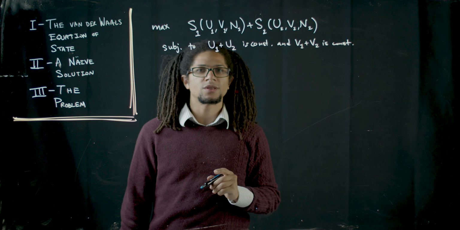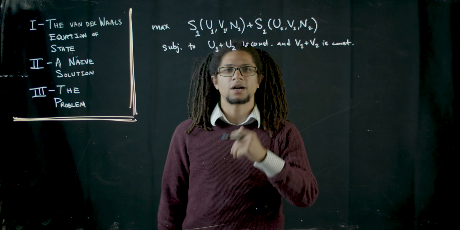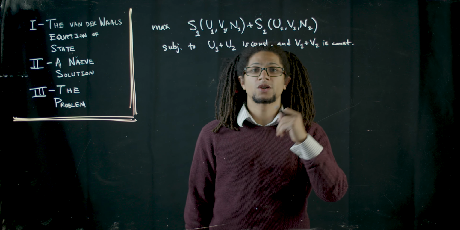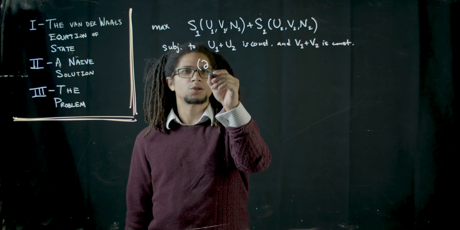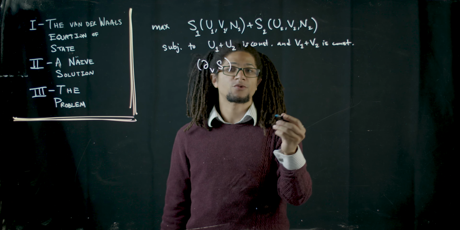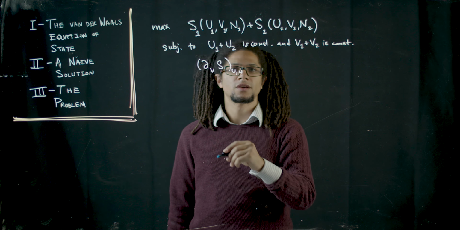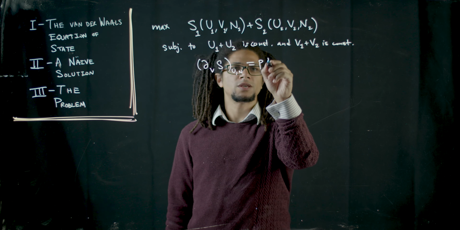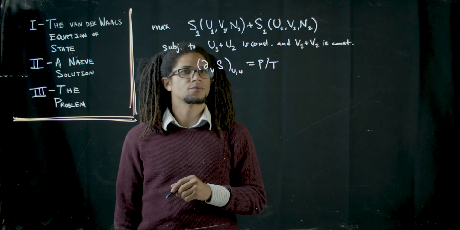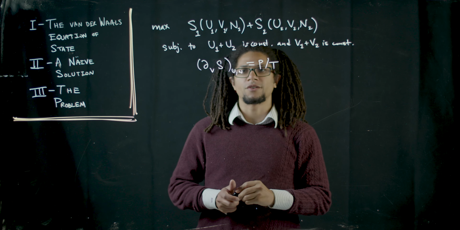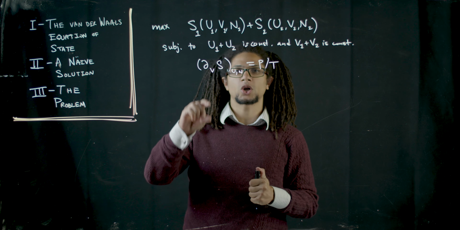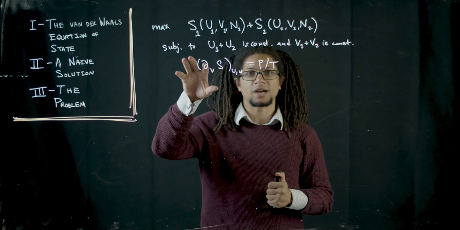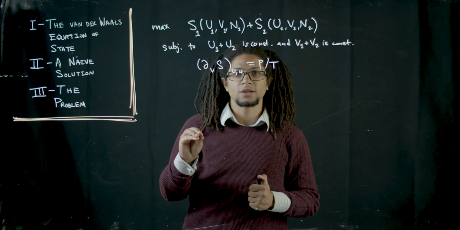And we found that a helpful object in considering this sort of constrained maximization problem was the partial with respect to V of S for either system while fixing U and N, which we saw was P over T. Okay, well, fair enough. The reason that this ended up being helpful was because it helped us determine where the point that maximized this equation was.